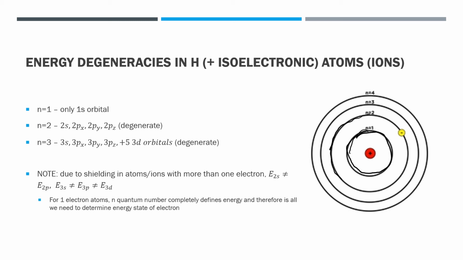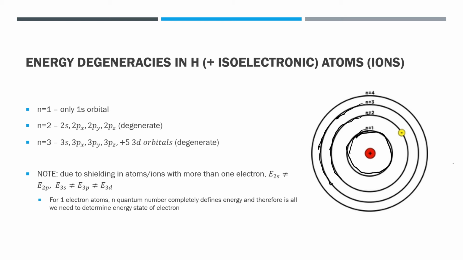The higher energy comes due to what we call shielding, when we have more than one electron. And I'll talk about this in a future video, but I just want you to be aware that when we only have one electron, these orbitals are actually degenerate. Our 2s and our 2p orbitals have the same energy. Next, if we look at our n equals 3 orbital, there's 18 electrons that can fit here, right?